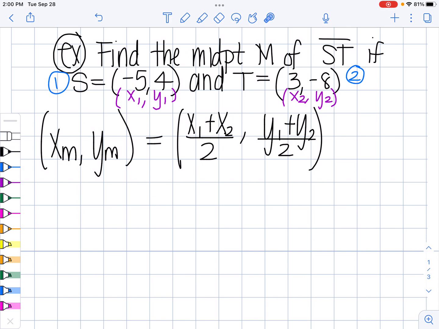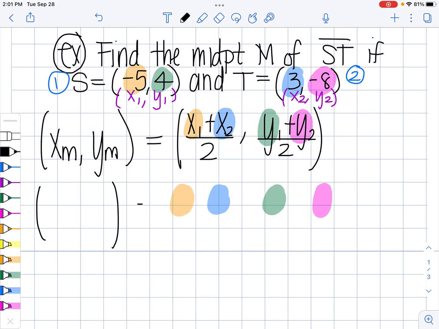So I'm going to go ahead and plug in all the points that I have. My x1 is -5. My y1 is 4. My x2 is 3. And my y2 is -8.